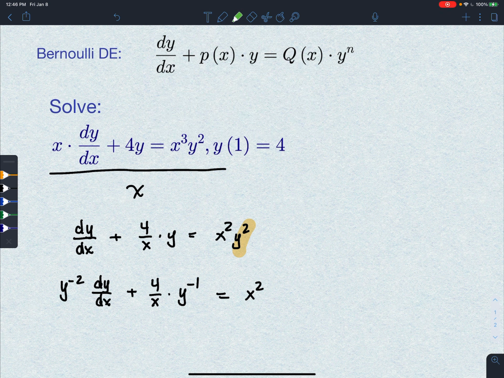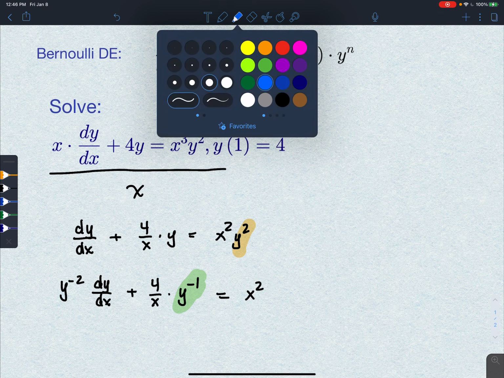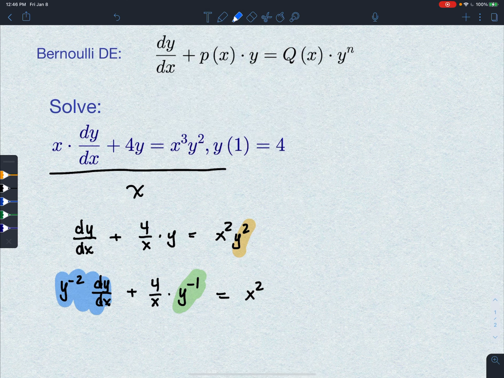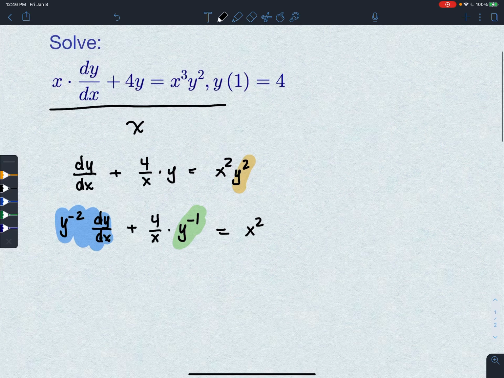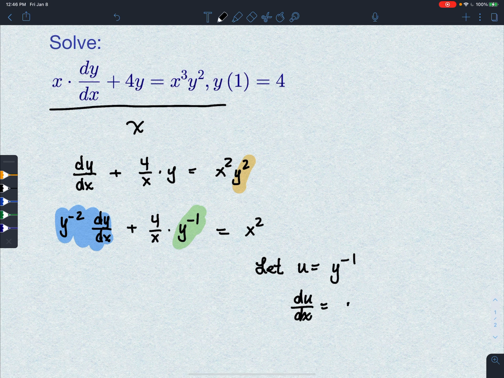The thing to look at is, notice that if I look at this term right here, this appears to be the derivative. And remember that y is a function of x. If I take its derivative, I need to tack on a dy/dx. So I'm going to let u equal y to the negative 1, and then du/dx is equal to negative 1 y to the negative 2 times the derivative of the inside.